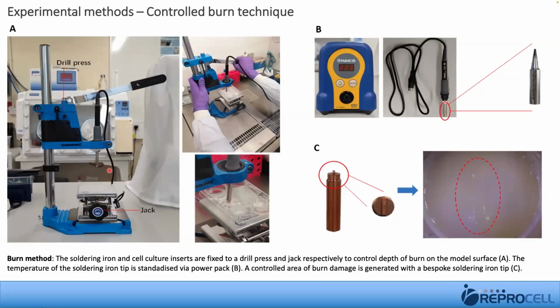Another strategy is to burn the model. So we've got this rig set up here where we have a branding iron set at different temperatures. We particularly use 70 and 100 degrees. We bring that onto the surface of the model. We brand it, we burn it. You can see very nicely this particular tip has been cut for a rectangular shape, but we have other shapes as well. And we can brand the surface of the skin.